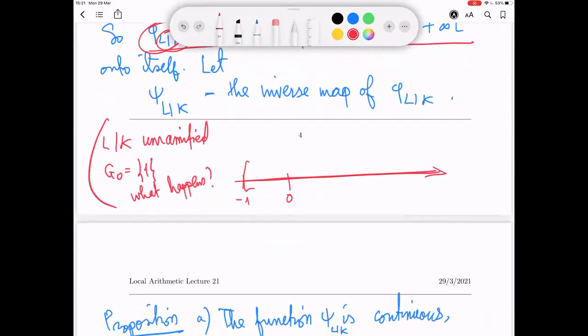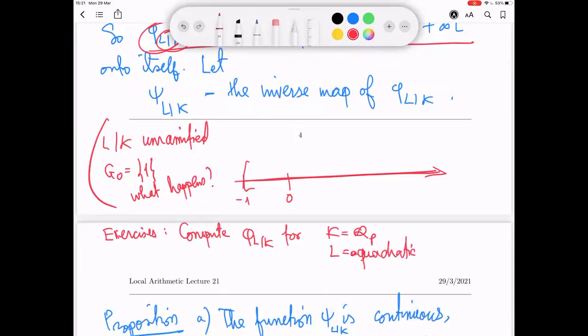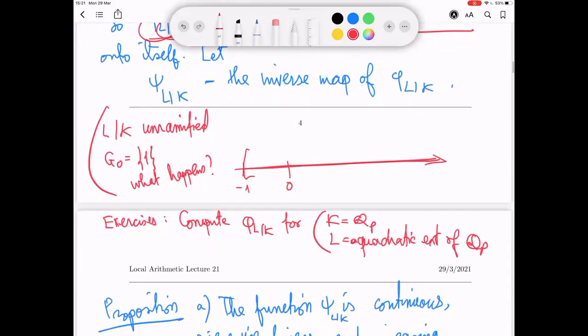Also, here could be some exercises. Compute this function phi L over k for k equal to Q_p and L a quadratic extension. So in order to get a feeling for what these functions are, you should compute these special cases and see what you get.